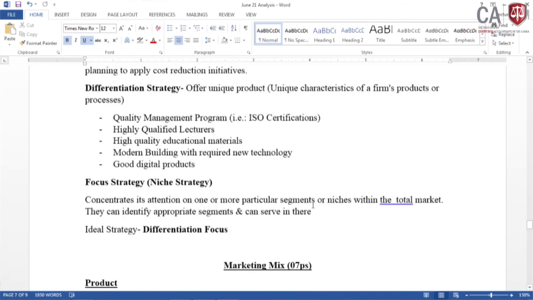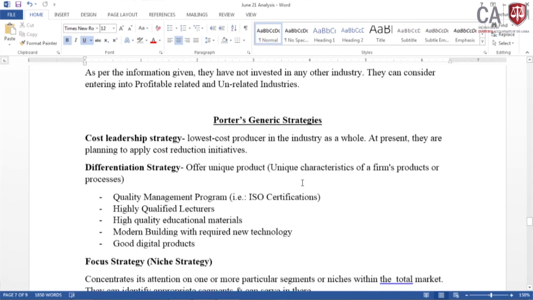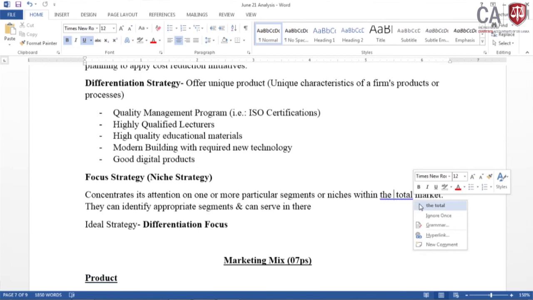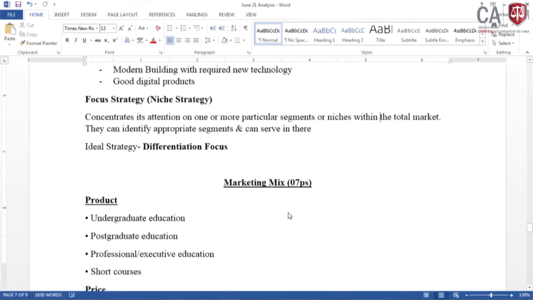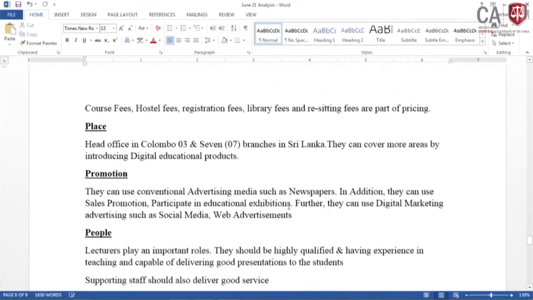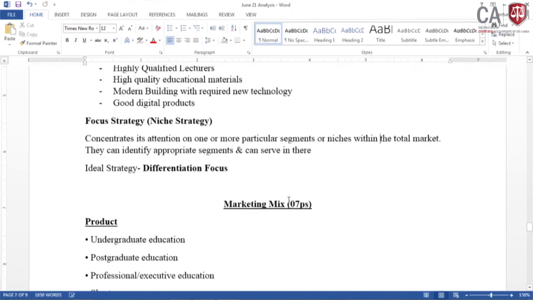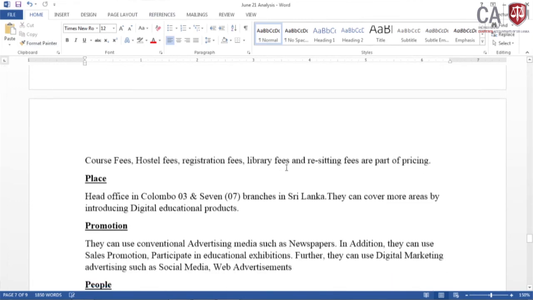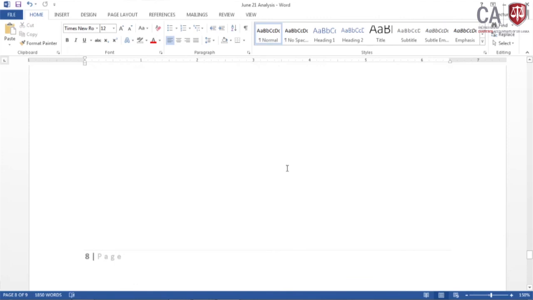Here under strategy formulation, I look at about only the Porter's generic strategies, but you can think more tool applications. The value chain, I think the information is not sufficient to do more analysis, but you can try to apply value chain also. Based on your knowledge about the industry, you can apply.